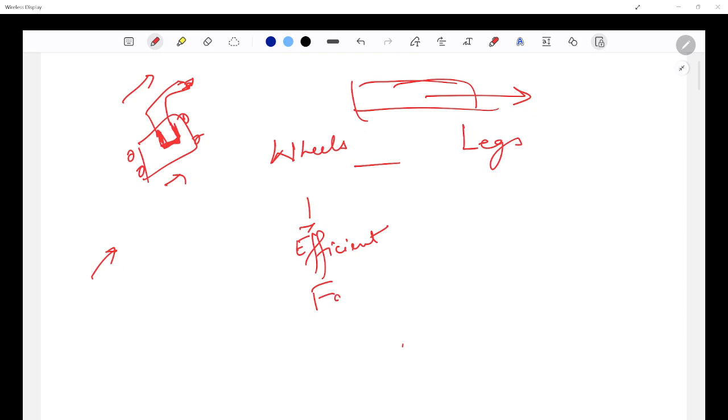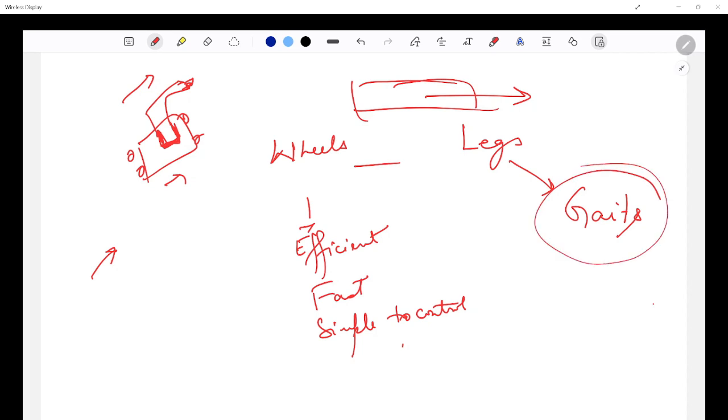They are fast and they are simple to control. So when you read about legged robotics, you might read there is something called gaits, according to which you have to design how the legs are moving with respect to time, and based on that you'll be able to see if the robot is moving forward.